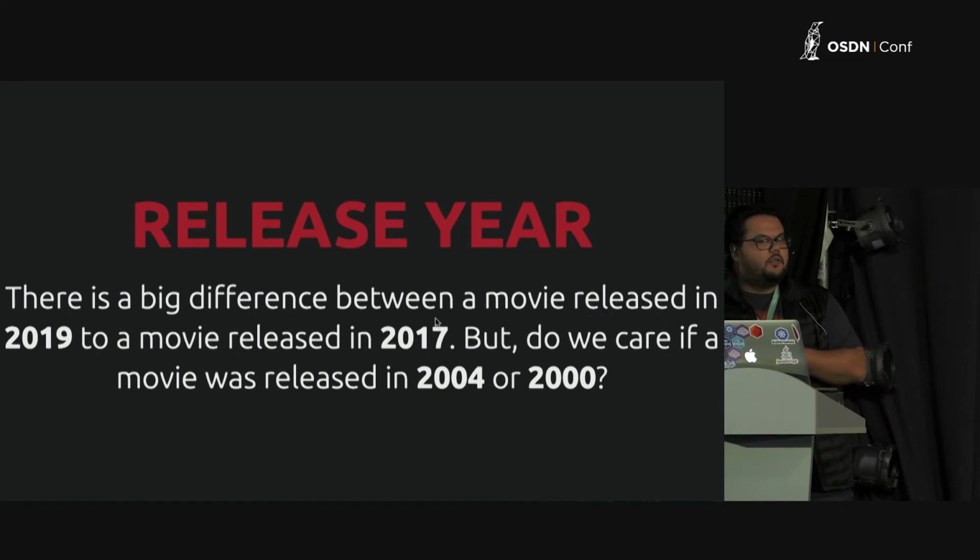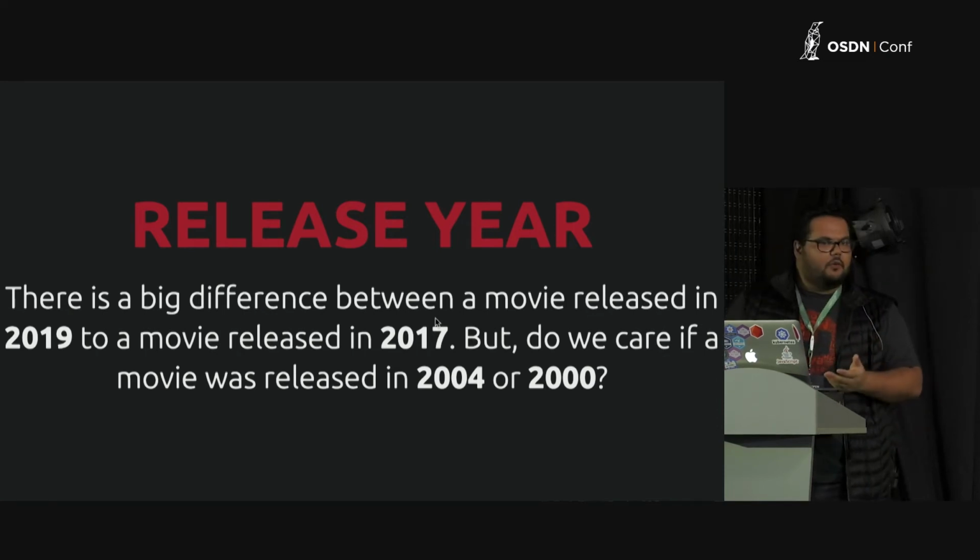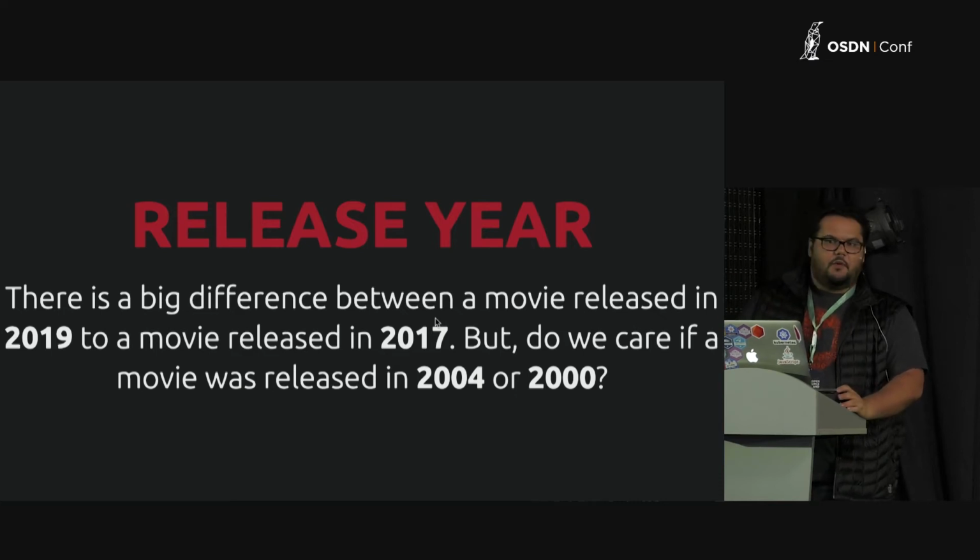One common thing is also to boost by release year, right? Release year is something very important. If the movie is from 2019, well, it's a very recent movie. If the movie is from 2018, okay, it's not so old.